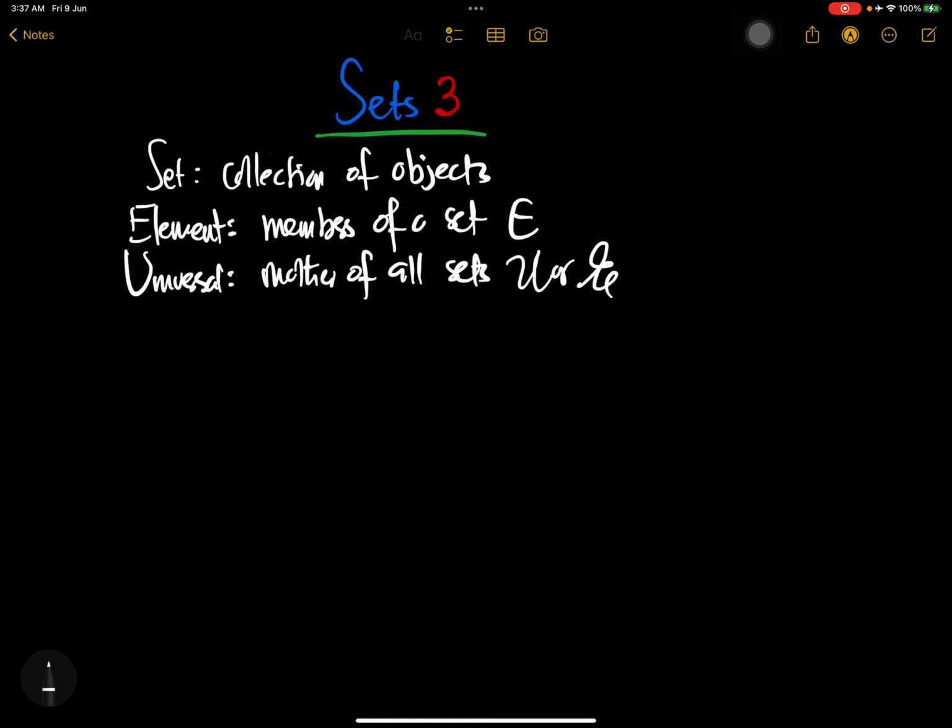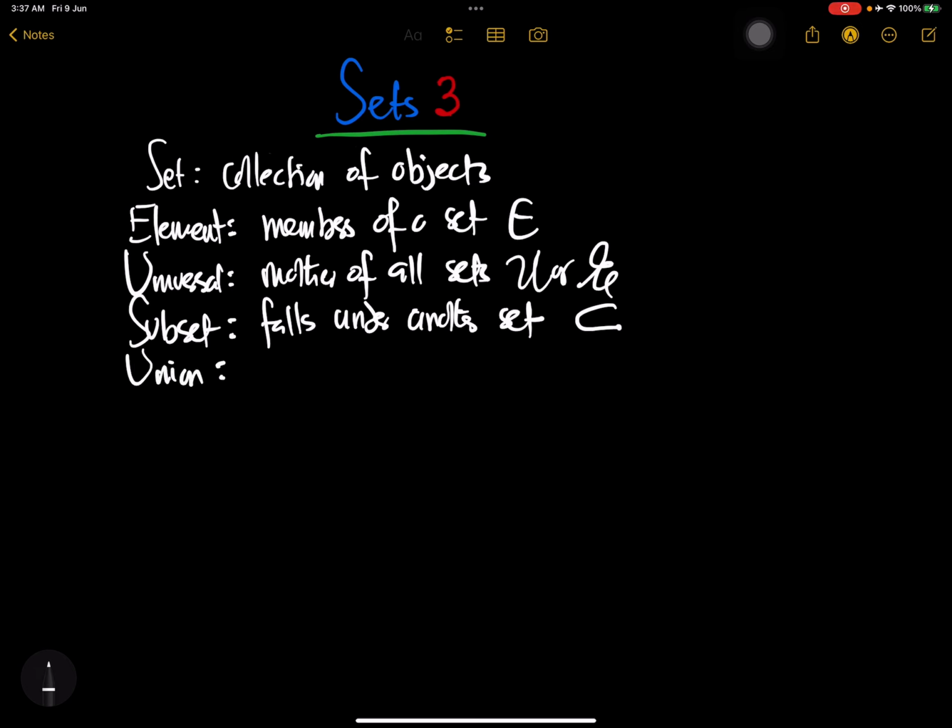We also looked at a subset, and we said that this is a set falling under the category of another set, and we said it's denoted by something like that. We also looked at union, and we said that it is joining two or more sets together, and it's also denoted by this symbol, like a U shape.